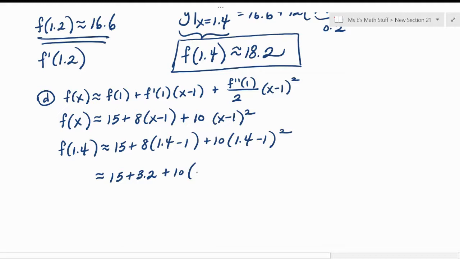Square it, you get, I believe, 4 tenths times 4 tenths is 16 over 100. Oh, 0.16. Okay. So 10 times 0.16 would be 1.6. There we go. Okay, so then add all this up, 19.8.